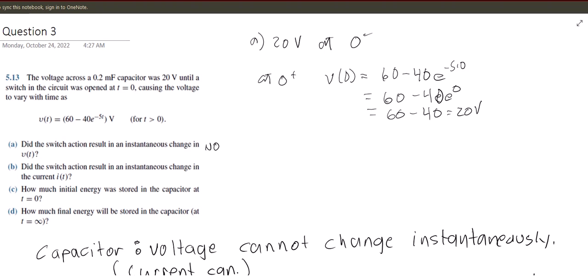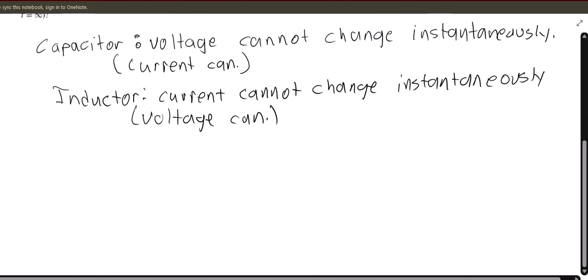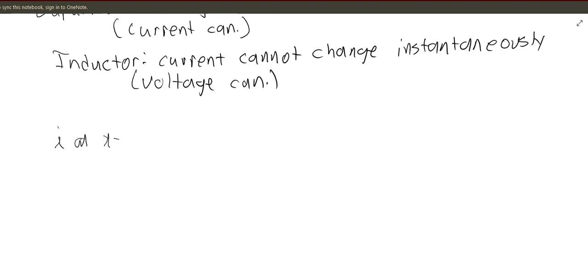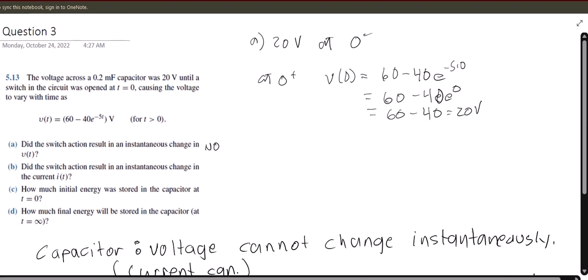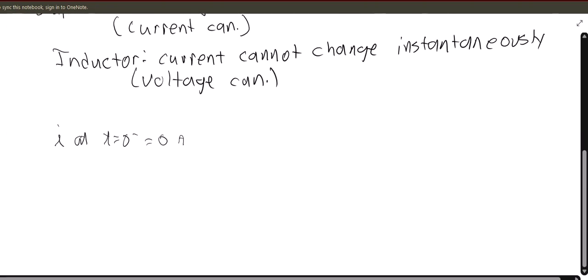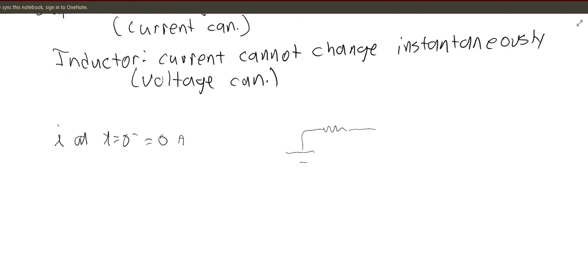What we know is that i at t equals 0 minus was 0 amps. How do we know that? It was charged, but the switch was open. So we had some sort of circuit, we don't know what it was, but we had a switch, and it had a capacitor.